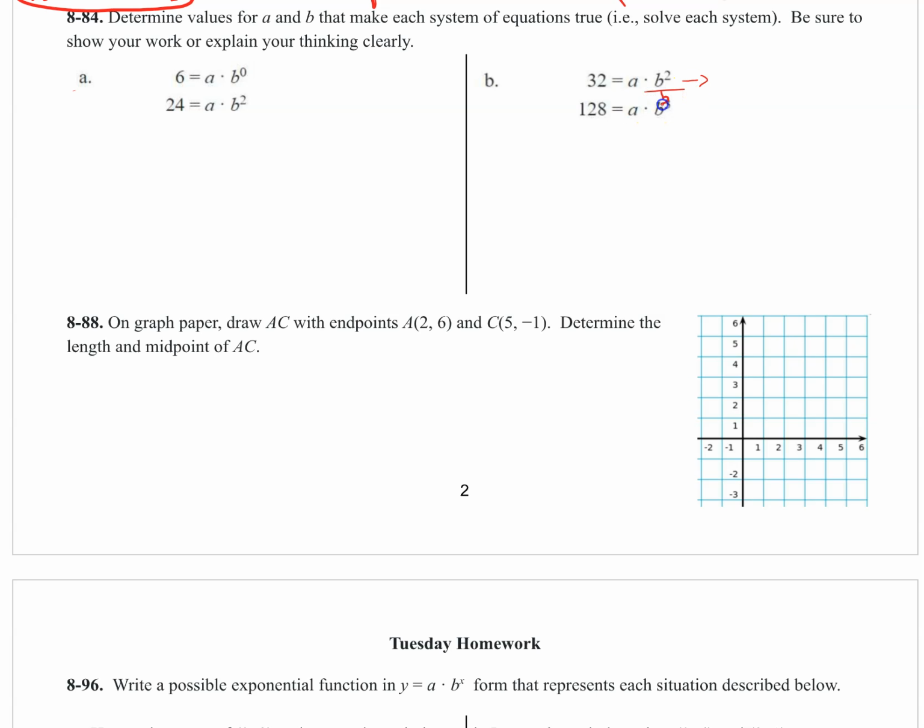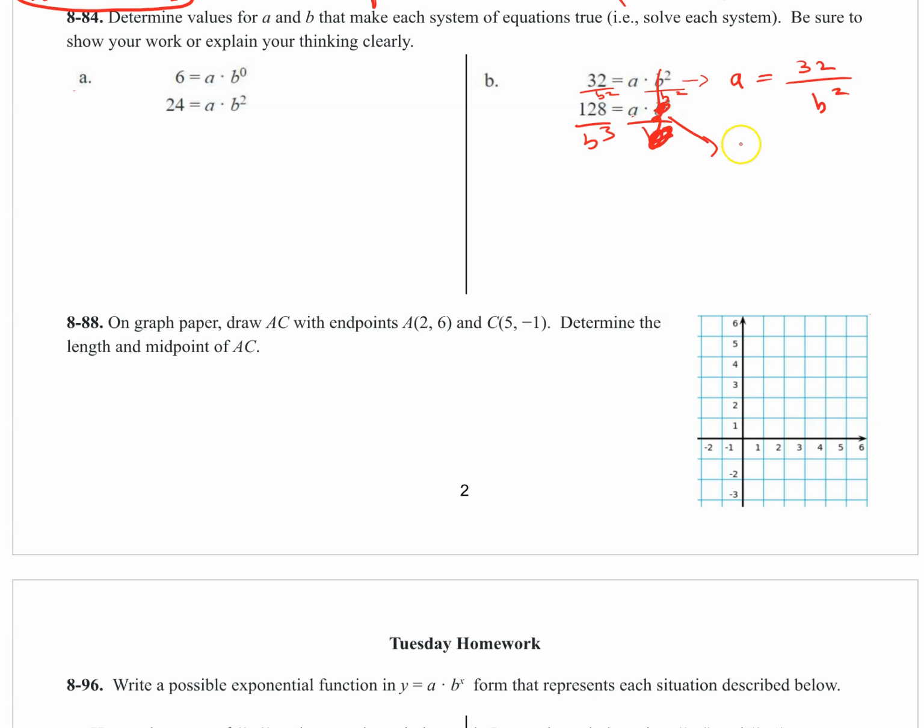I can solve the top equation by dividing both sides by b squared. All right, b squared and b squared cancel, so I get A equals 32 divided by b squared. Next, I'll solve the second equation by dividing both sides by b cubed. B cubed divided by b cubed, that cancels.